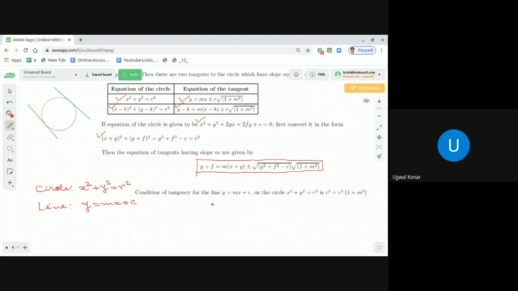The condition of tangency for the line y equal to mx plus c on the circle x square plus y square equal to r square is c square is equal to r square into 1 plus m square. If this condition is satisfied, then we can say yes, the line y equal to mx plus c is a tangent to the circle x square plus y square equal to r square.